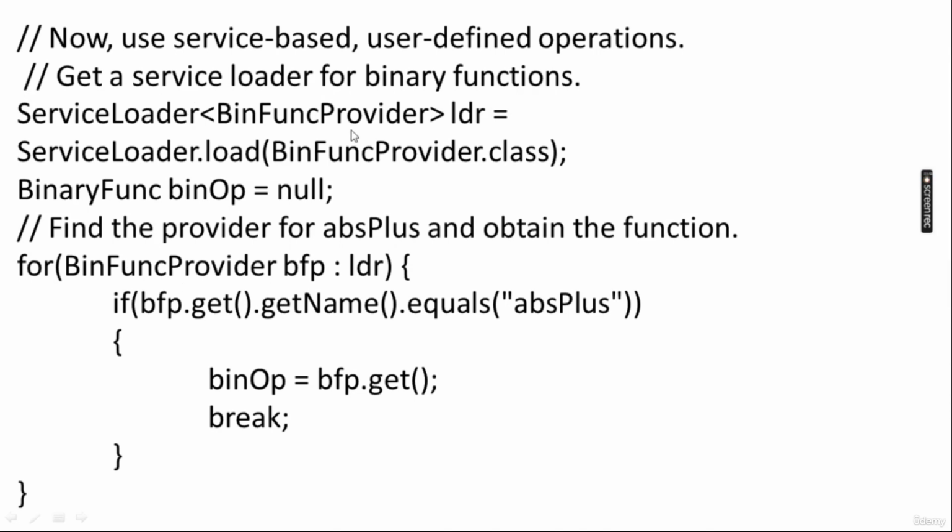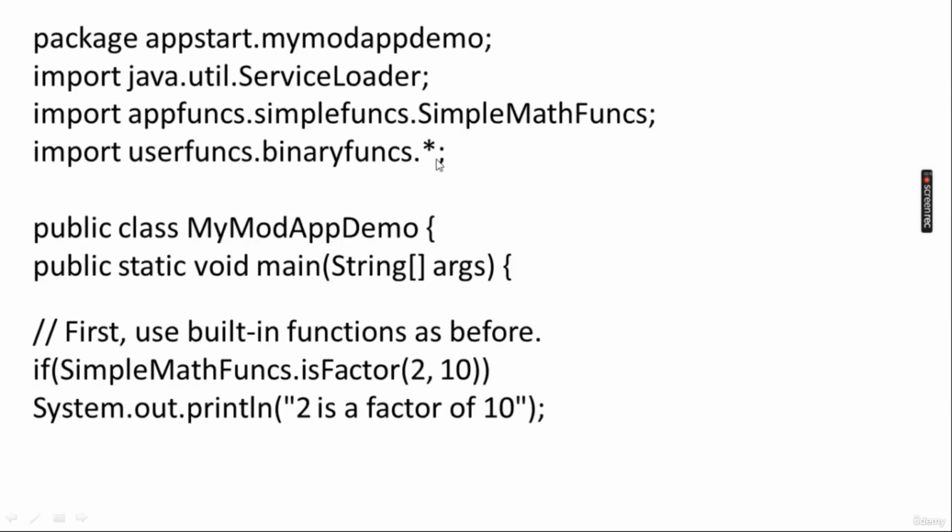Using service loader, we were creating the object, and using the load command we are also providing the class. So instead of modifying the main project that we created in the first session, we only modified the runtime type information about that project. We will load this class, binary function provider, externally.